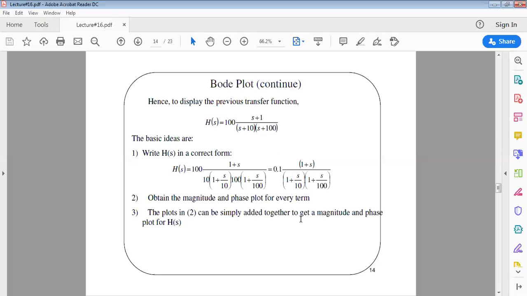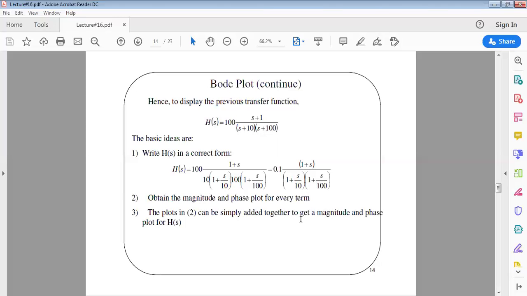So these are the steps that need to be taken for the Bode sketching. Number 1, write H(s) in the correct form as shown in the equations here. Number 2, obtain the individual plots for every term in your transfer function, both the amplitude and the phase. And finally, add them together to obtain the final plot for both magnitude and phase.